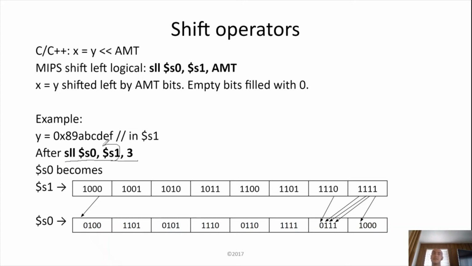This S1, you are shifting by 3 to the left, and you're storing the value in S0. So your first bit is gonna be here, the second one in the next place, and so on. So you're moving everything by 3. The last 3 bits are gonna be erased, so they're not part of this new number. And on this side, you're always gonna get zeros. So that's how the shift logical left works.